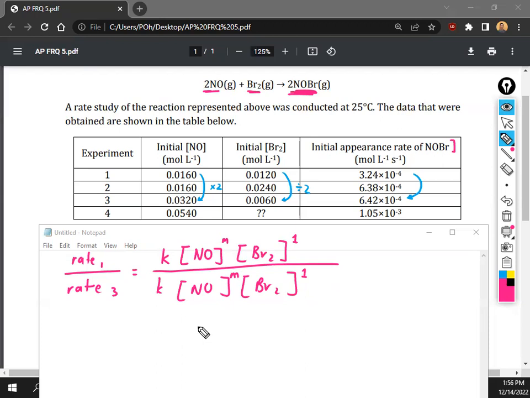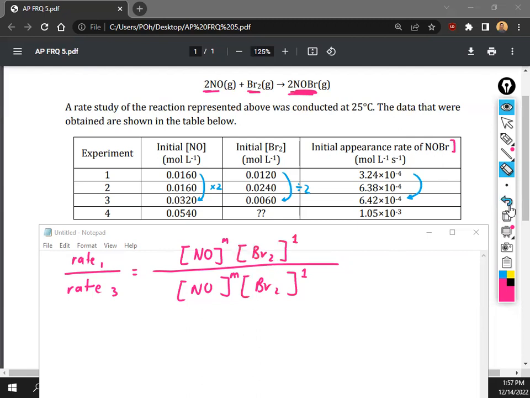What we're basically looking for is the order of NO. Now we can get rid of some variables right away. We can cancel out K on the top, K on the bottom. We can get rid of the Br2s because that's going to be the exact same value. Oh, sorry, we can't cancel that. My bad. The concentrations are different.